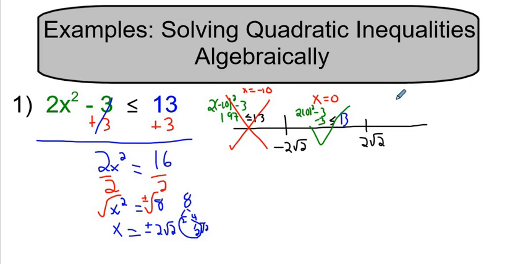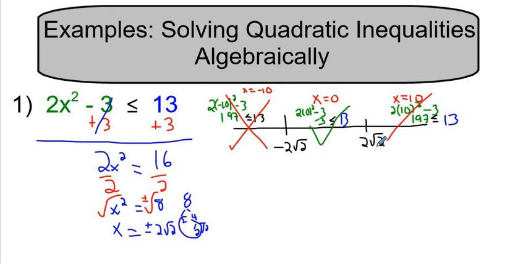Then we're going to pick x equals 10. If I pick x equals 10, I actually get the same answer here, because when you square something, it becomes positive, but I'll show you. That doesn't always happen, so you want to actually work this out. This would be 100 times 2, or 200 minus 3 is 197. Of course, that is an invalid solution for the inequality, because that is clearly not less than 13.